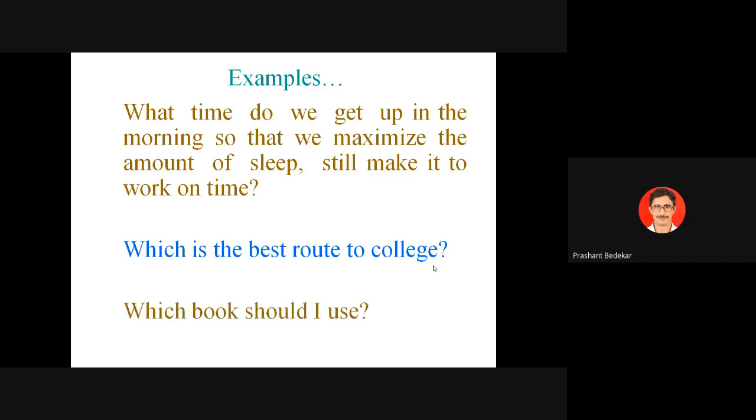Which book should I use? The objective may be that I will score at least 40 marks in XYZ subject. The answer will be different. I am trying to achieve at least 40 marks. Or which book should I use so that I can score as much as possible in XYZ subject or course, trying to maximize the marks scored?